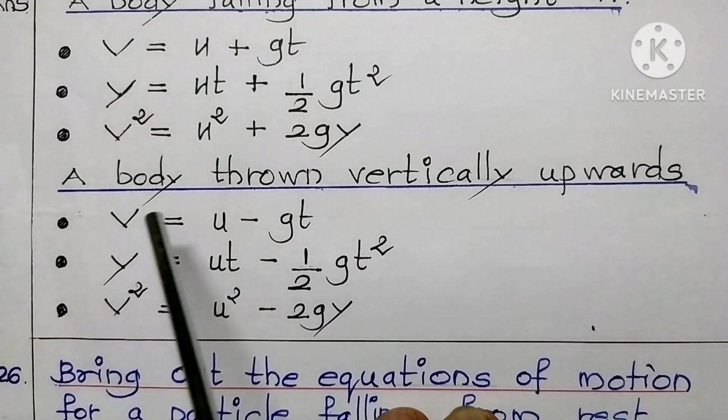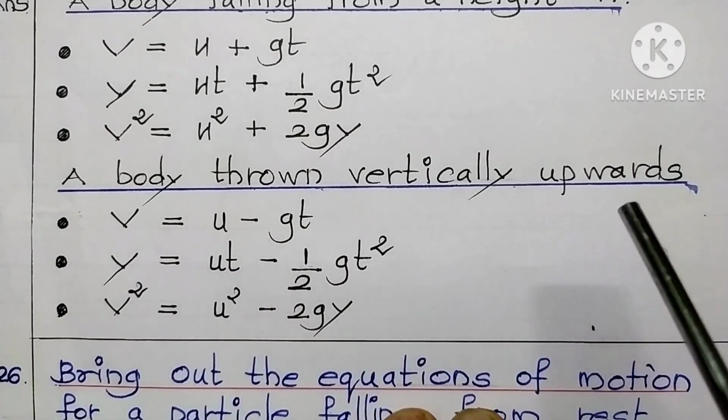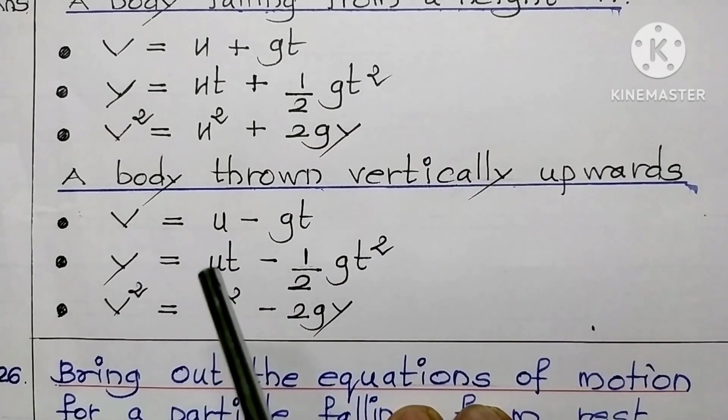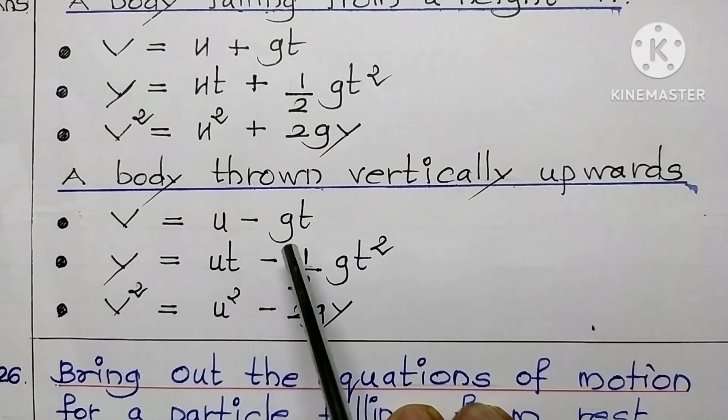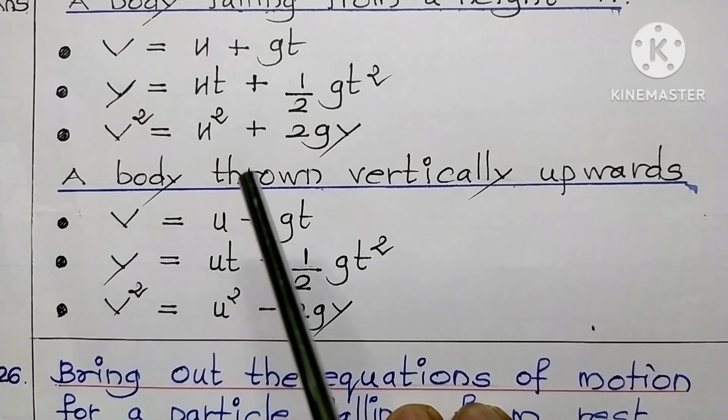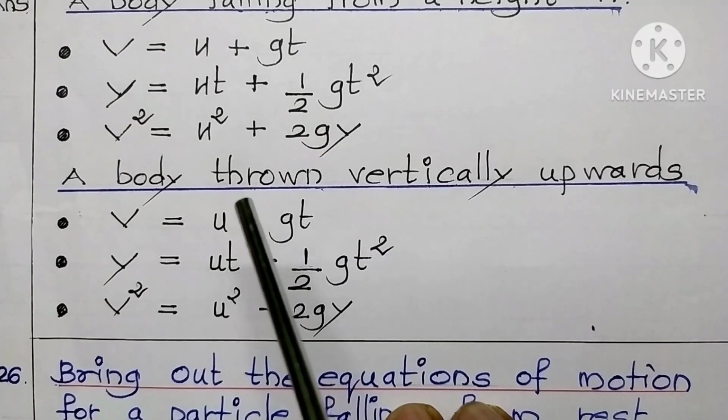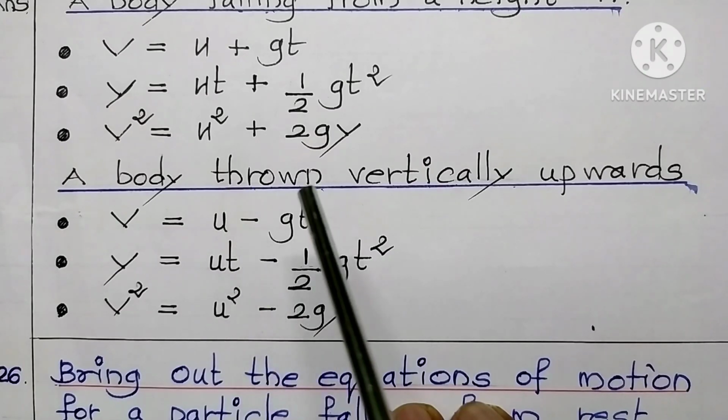Next one is a body thrown vertically upwards. Here we are going to take the sign of g as minus. A falling object is falling due to the gravitational force of earth, so for a falling object we take plus g, acceleration due to gravity.